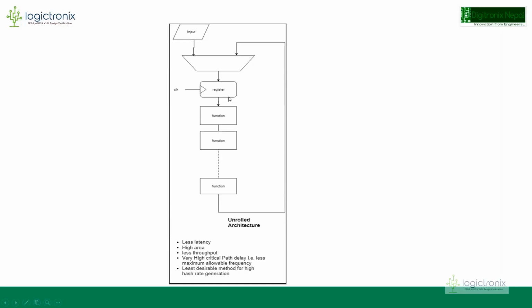The latency will be less, but it will consume higher area, and it won't support the higher frequency, so its maximum allowable frequency will be less. This is not desirable in maximum throughput generation. So this is, I think, the worst design of all.